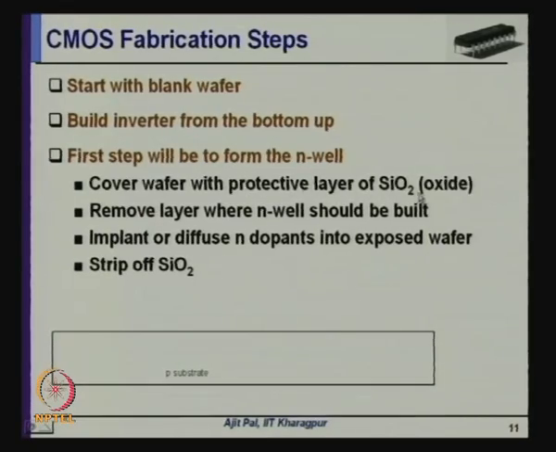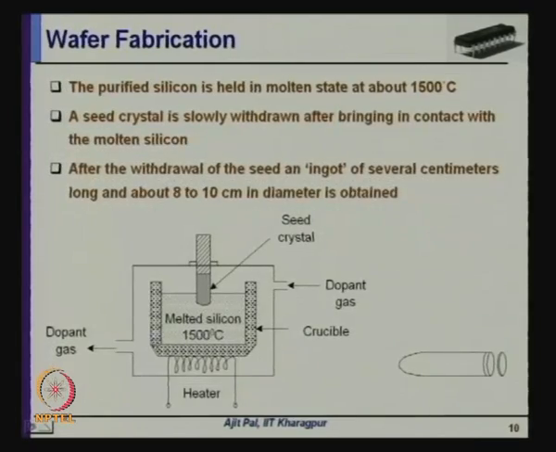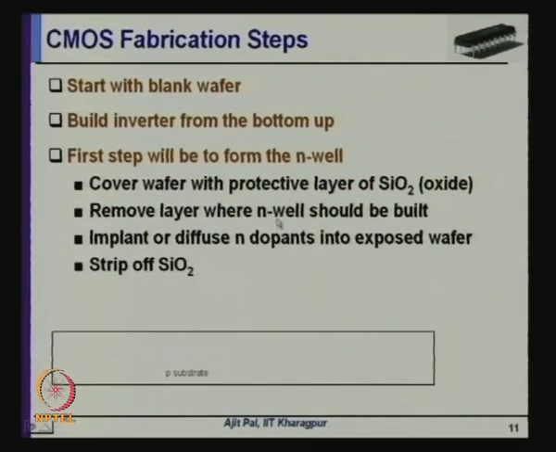How it can be done? That can be done by a process known as oxidation. Oxidation can be done by heating this wafer, this substrate, in a chamber like this one, and then by passing either oxygen or water vapor.